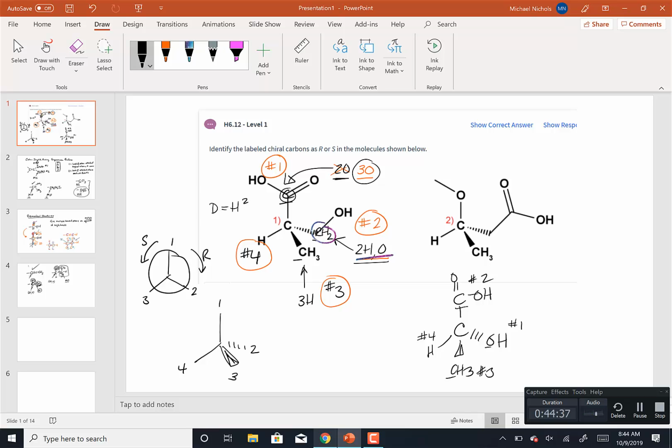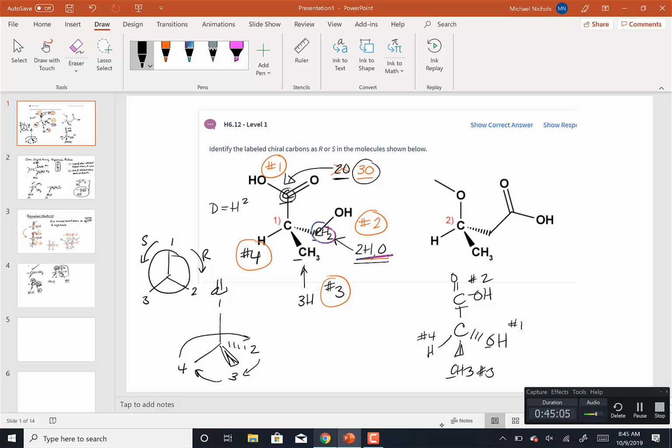But my first thing after determining 1, 2, 3, 4 is to put the 4th priority group away from me, which means put it on a wedge. So in this case, I have a couple of options to put number 4 on the wedge. I can grab number 1, and I can rotate 4 into 2, 2 into 3, and 3 into 4.